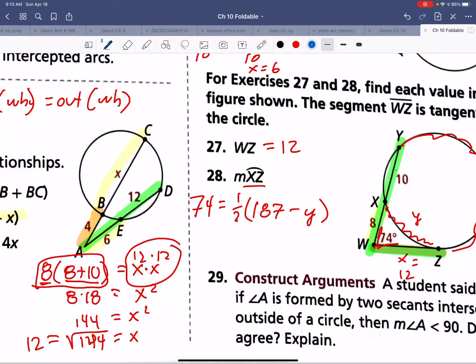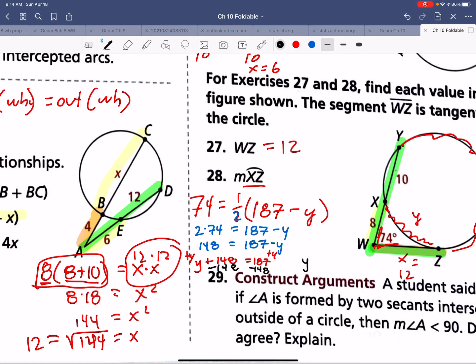All right, so I've got a 2. I'd like to move that up there, right? So 74 times 2, 148. And a couple ways to do this. I'm going to add Y on both sides, get it over here. And then subtract 148.